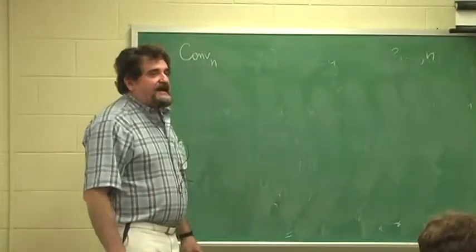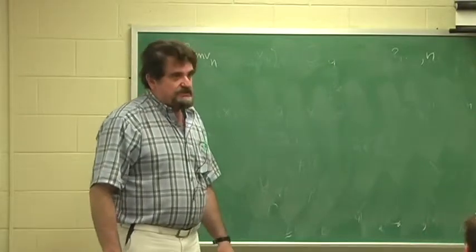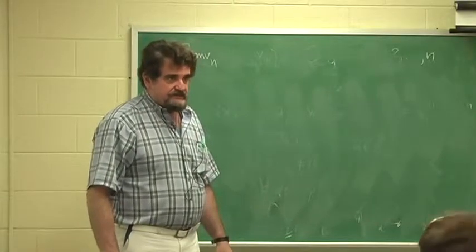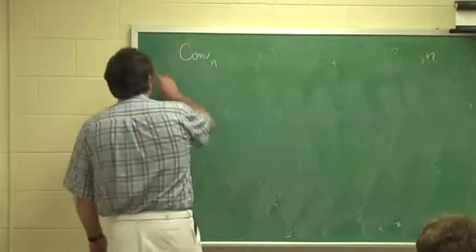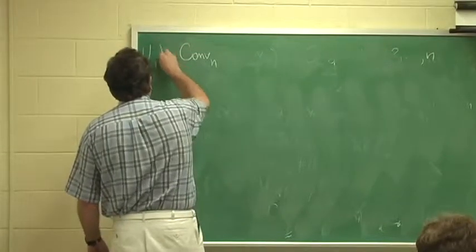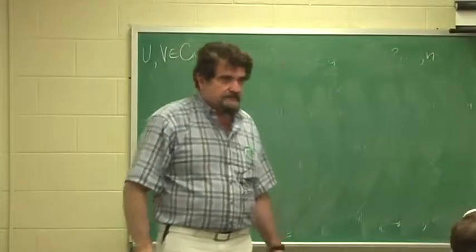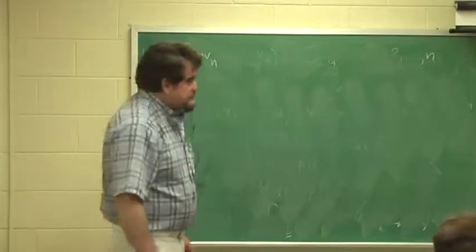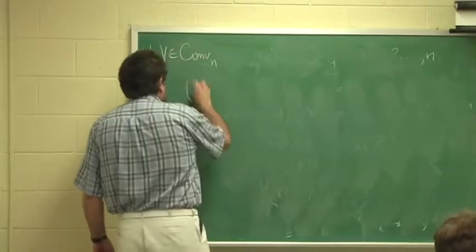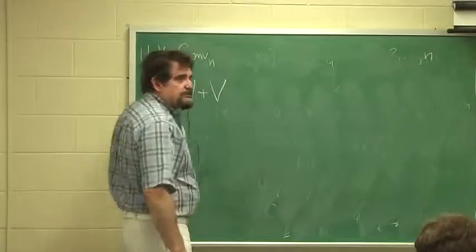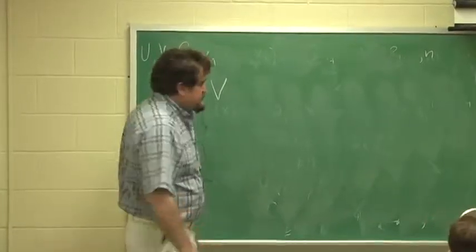Okay. I want to introduce some operations with convex bodies. So let U and V be convex bodies. What is U plus V? I want to learn how to add convex bodies.